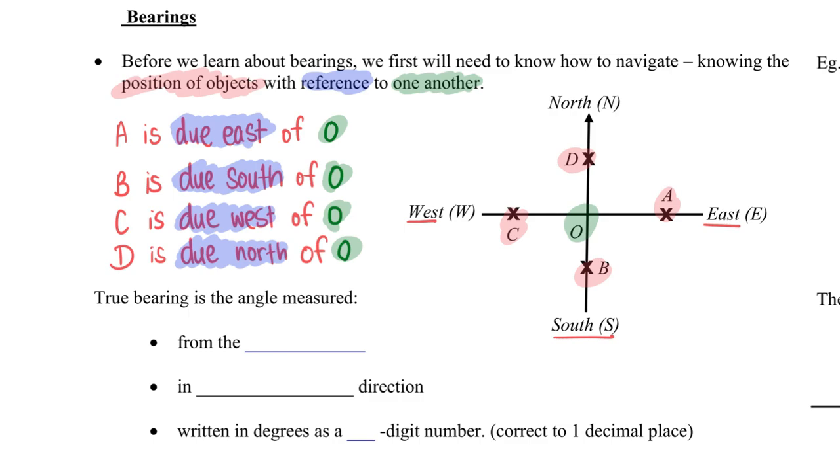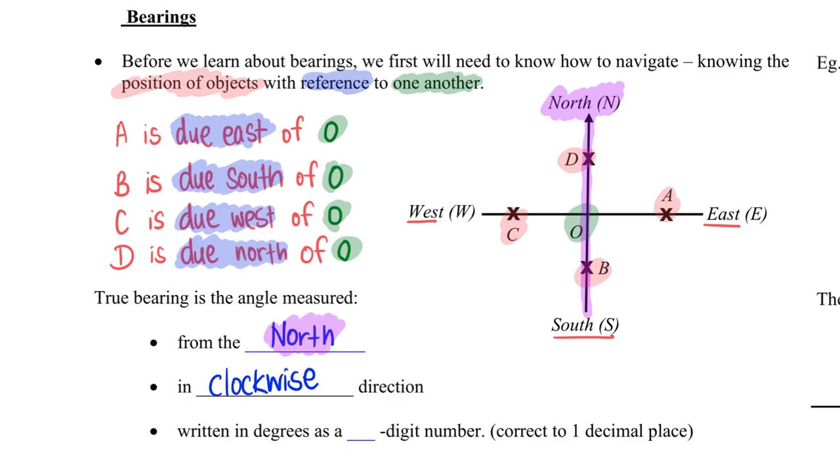And now we will talk about the true bearing, where we will tap on our knowledge about angles. This is important. The angle is going to be measured from the north. We will always draw the north arrow, and we will always go in the clockwise direction.